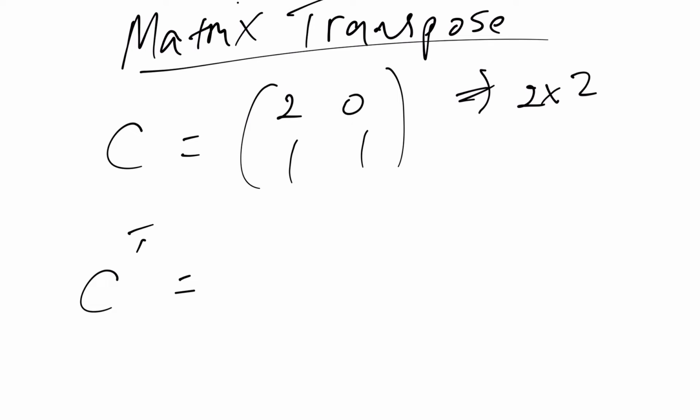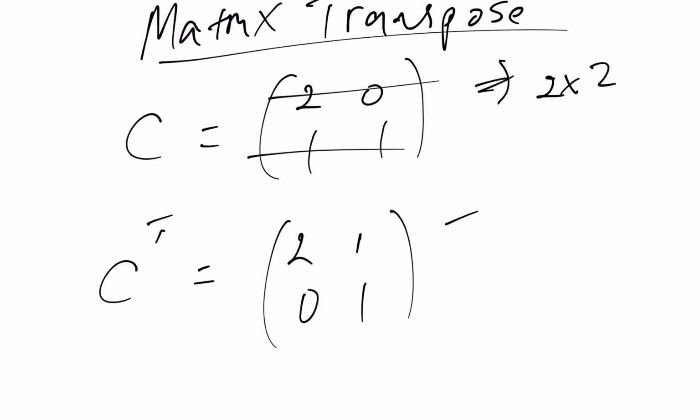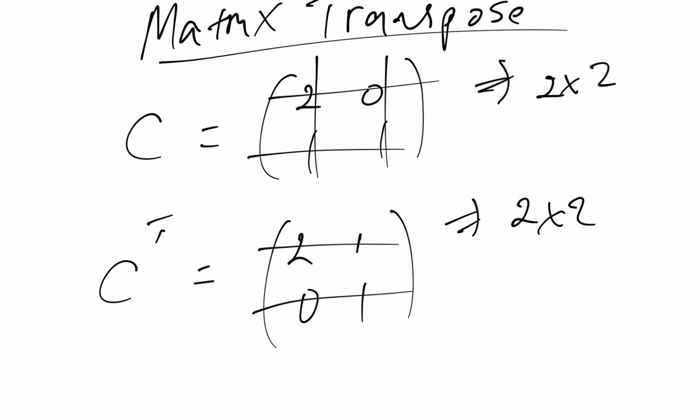The first row becomes the first column, and the second row becomes the second column. Just like I said, this is a 2 by 2 matrix, but by transposing, the rows are now the columns, and the columns are now the rows. This is the first column, now the first row. This is the second column, now the second row.